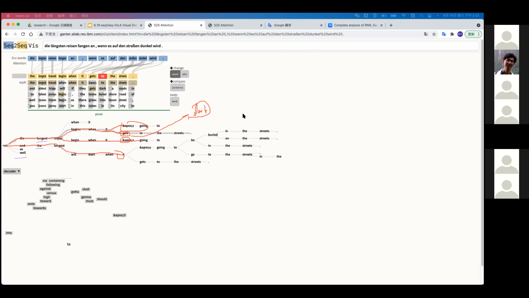But I'm still somehow confused, because why would the probability of the combination get dark be lower than get 2? Otherwise, get 2 wouldn't be selected.